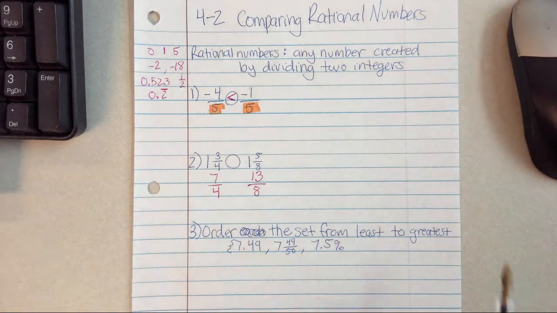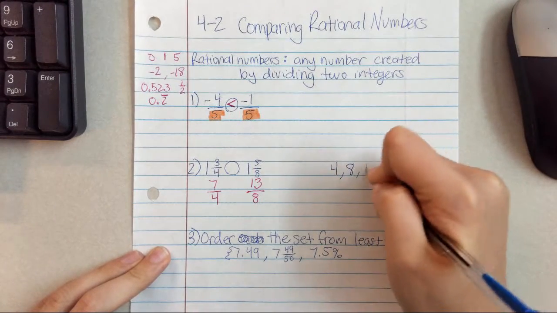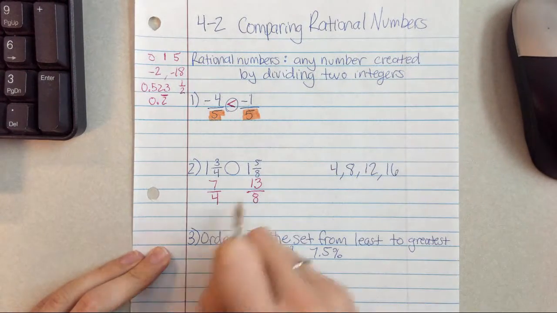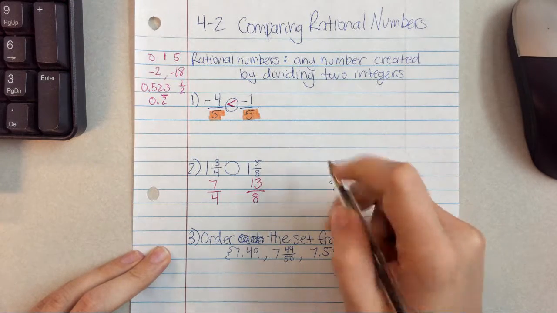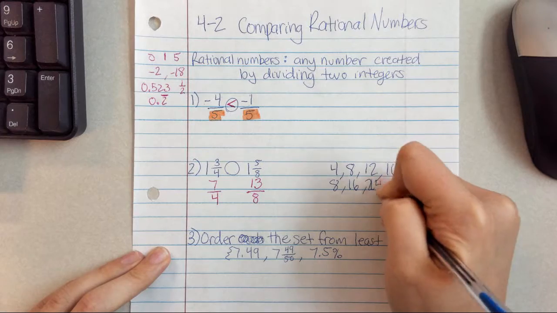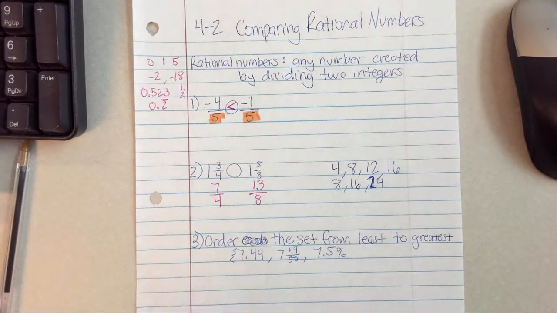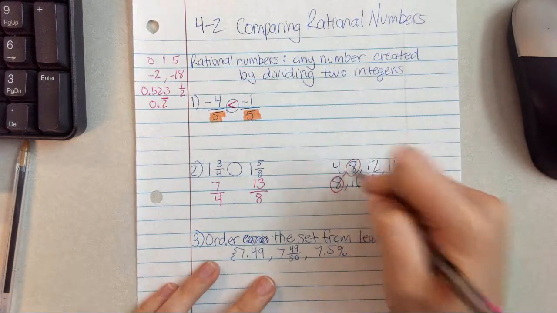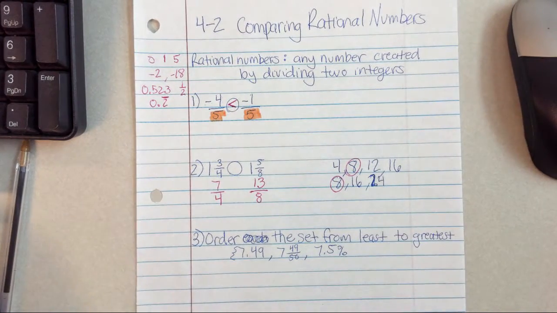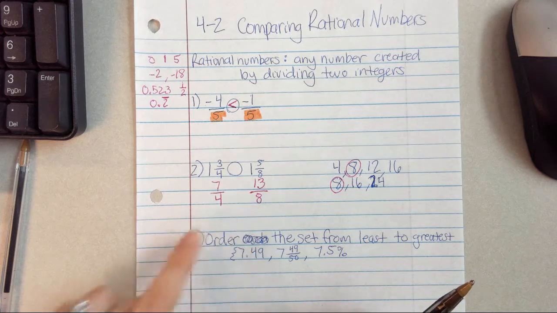But you can see this one, we're not going to have to make a very long list. 4, 8, 12, 16, and for 8s, we have 8, 16, 24, and you should see we already have one that's in common. We want the smallest number that's in common, which is 8, and so we have to change these so that both of the numbers have an 8 on the bottom. This one already has an 8, so we don't need to change it at all.